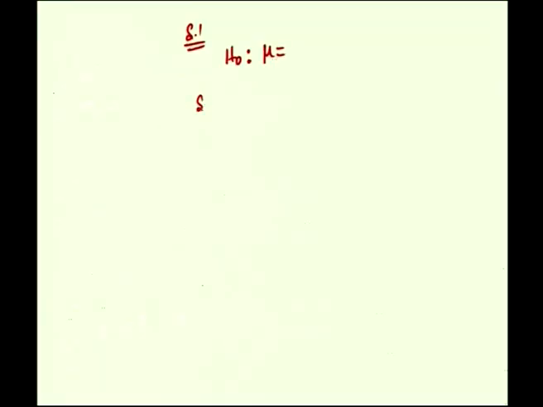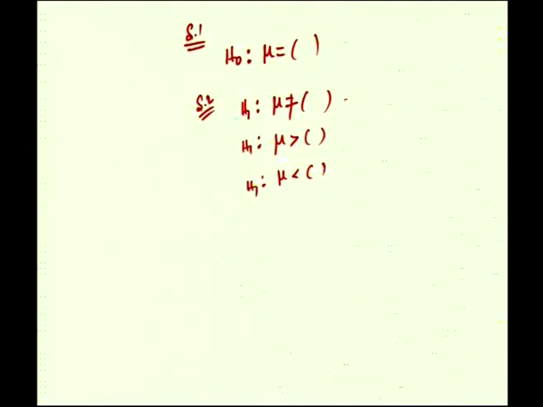Step 2 will be H1 such that mu is not equal to a particular value, or it will be greater than a particular value, or less than a particular value, according to the question, this corresponding mu naught value. In the first case it is called a two-tailed test and the other two cases give you a one-tailed test.